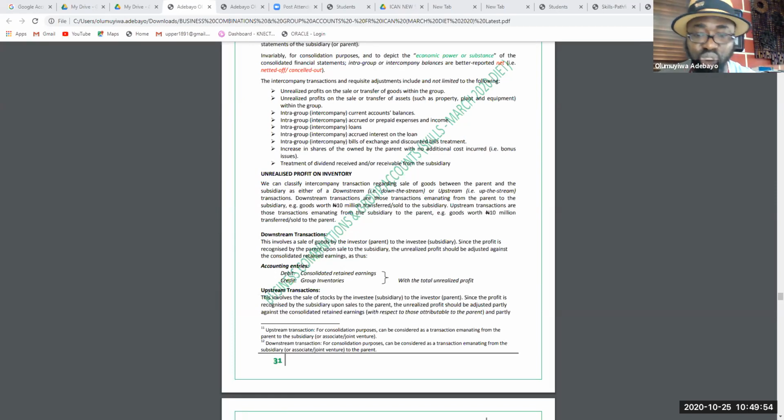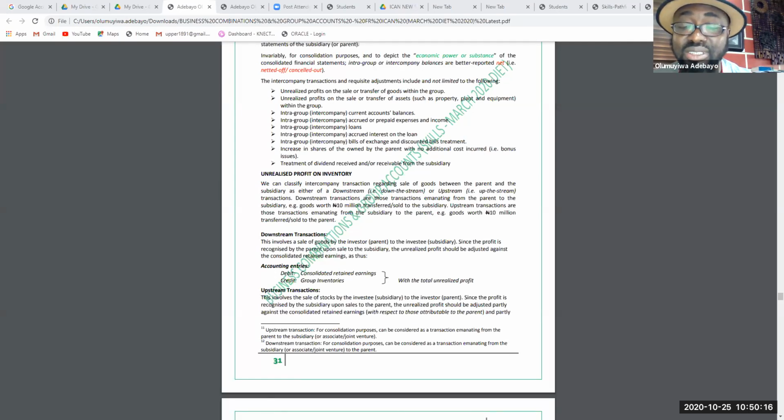In that situation, you now have to look at it. What proportion was sold by my subsidiary to third party? Let's say it's 60%. In that case, you say 60% of 2 naira is realized. Which then means that the portion that is unsold is what? 40%, which means 40% of 2 is unrealized.